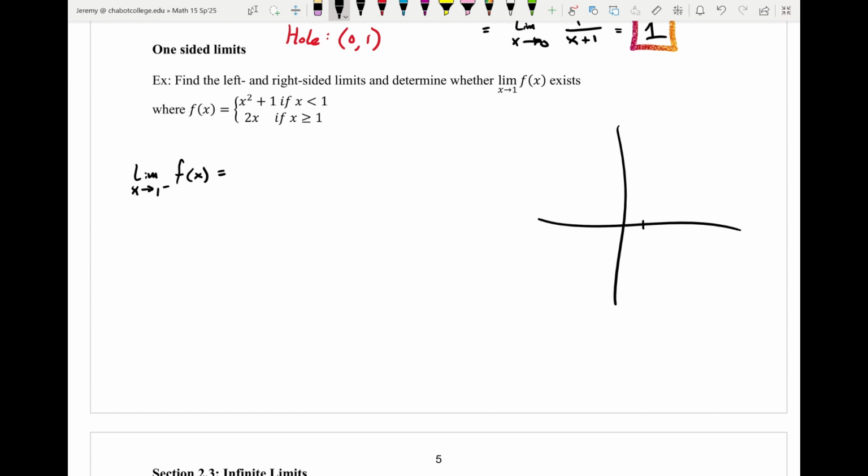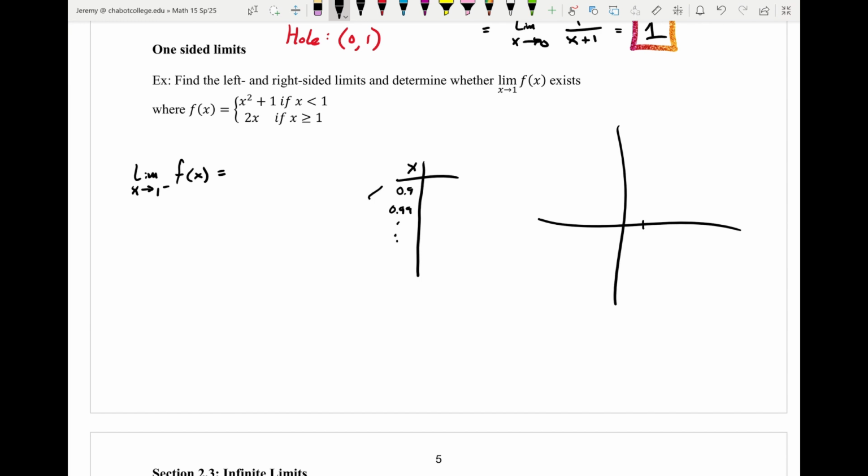So we talked about this in the last section. Since we're looking, in this case, at the limit as x approaches 1 from the left-hand side, if we were doing a table of values, this would be where we're plugging in like 0.9 and 0.99 and so on.